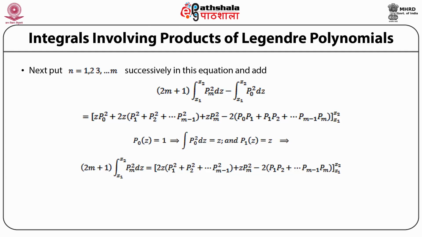The bracket is closed and the main bracket is also closed and the limits are substituted as z1 and z2. Thus, this is the result for the integral of the square of Legendre polynomials.